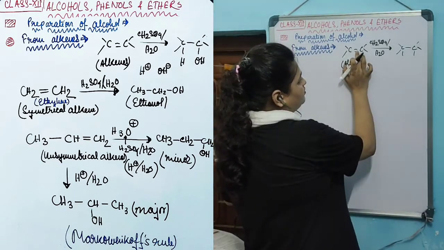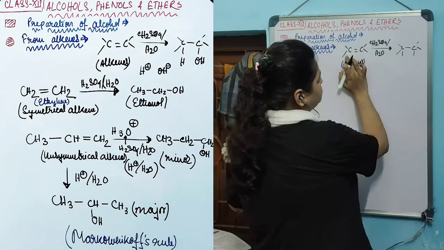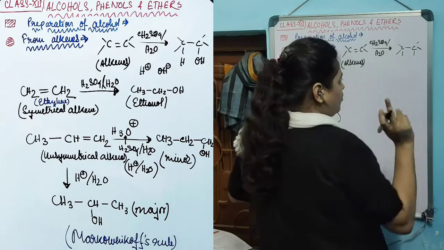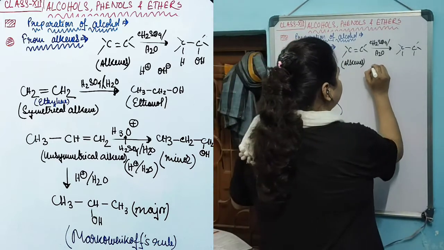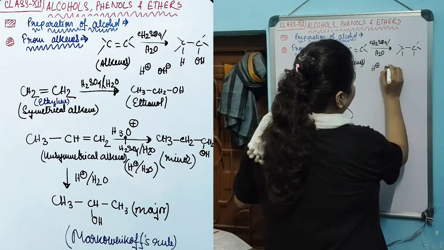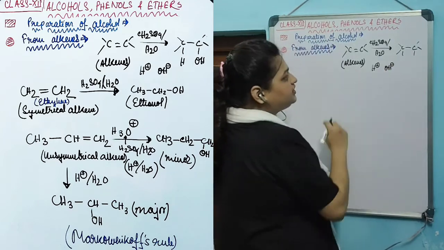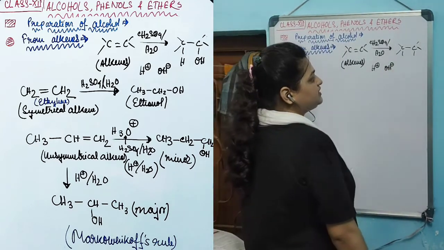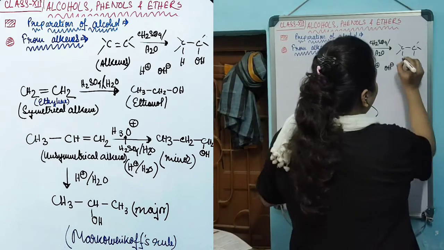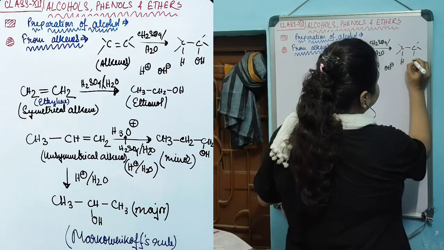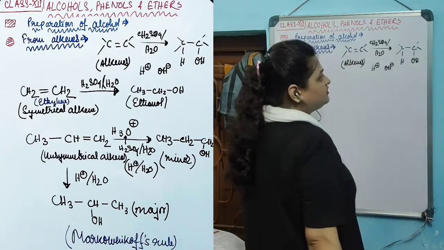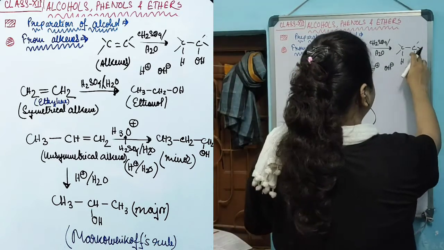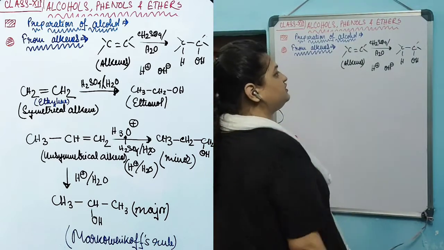Water will be added as H plus and OH minus, because these are the two parts present in the H2O molecule. One will be added to one adjacent carbon and the other to the other adjacent carbon, producing a hydroxyl compound or alcohol. This is a general reaction.